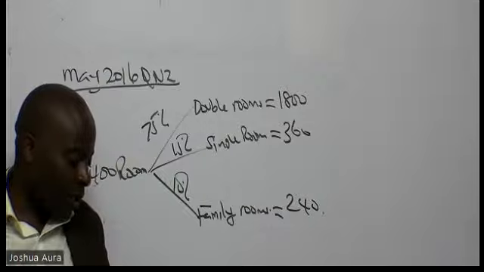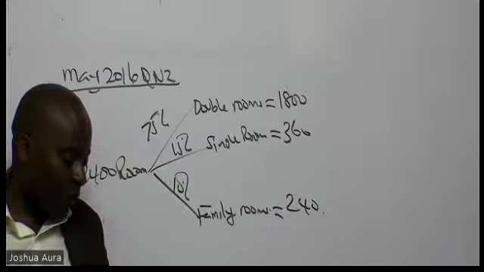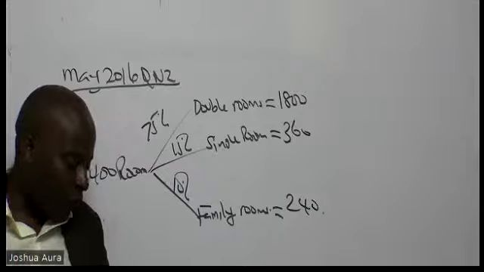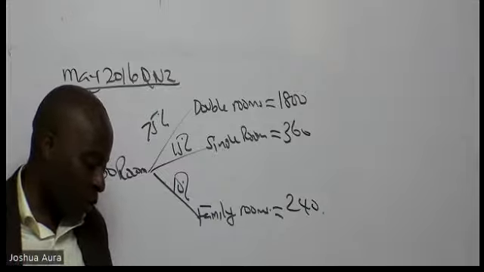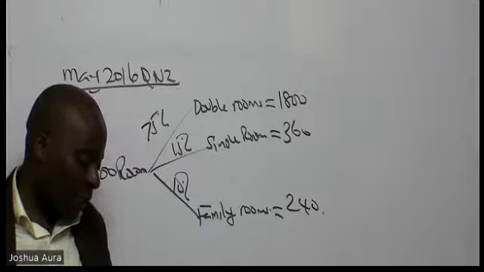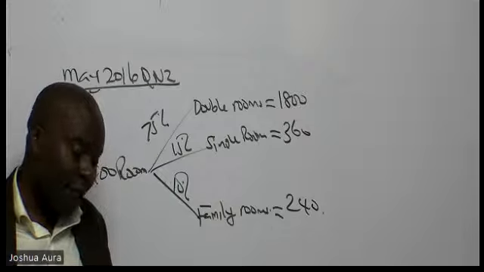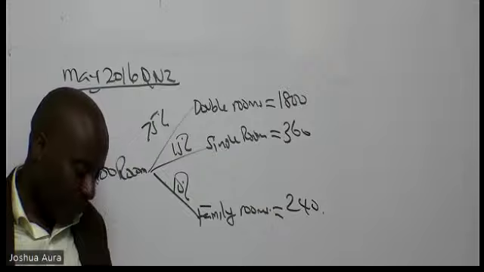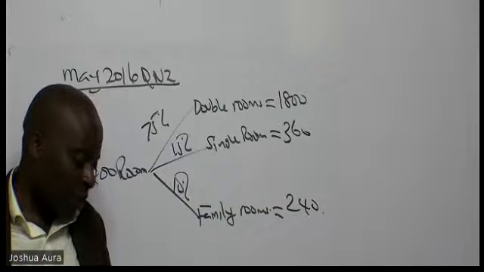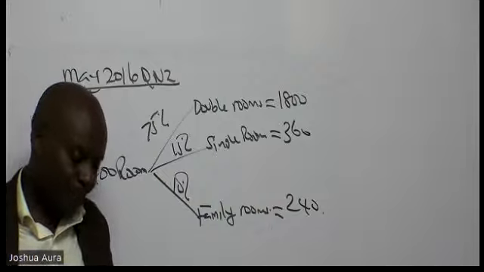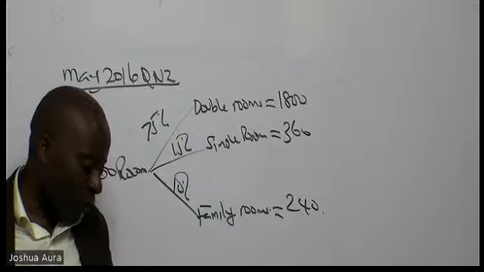The hotel management expects all single and family rooms to be sold out for each of the 5 nights of the tournament. However, they are unsure whether the fee in respect to the double rooms should be increased or decreased. At a price of shillings 4,000 per room per night, they expect occupancy rate of 80% of available double rooms.